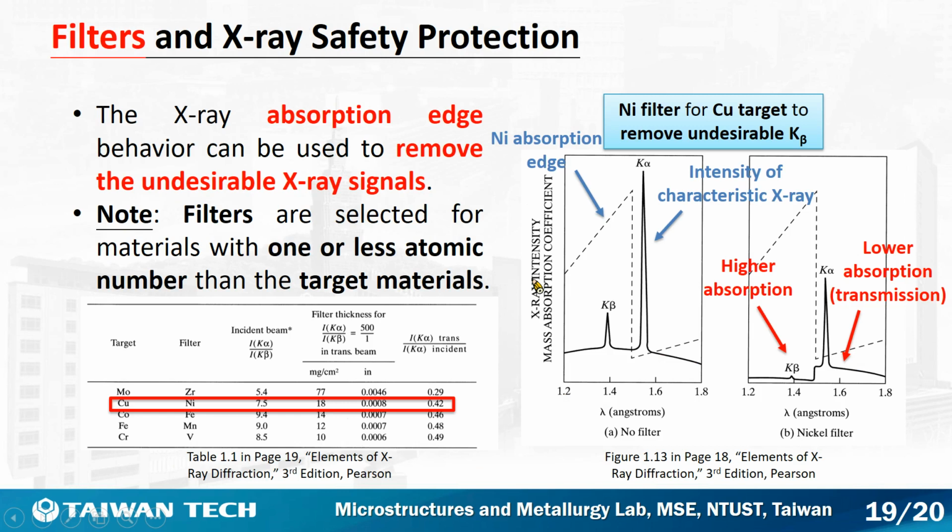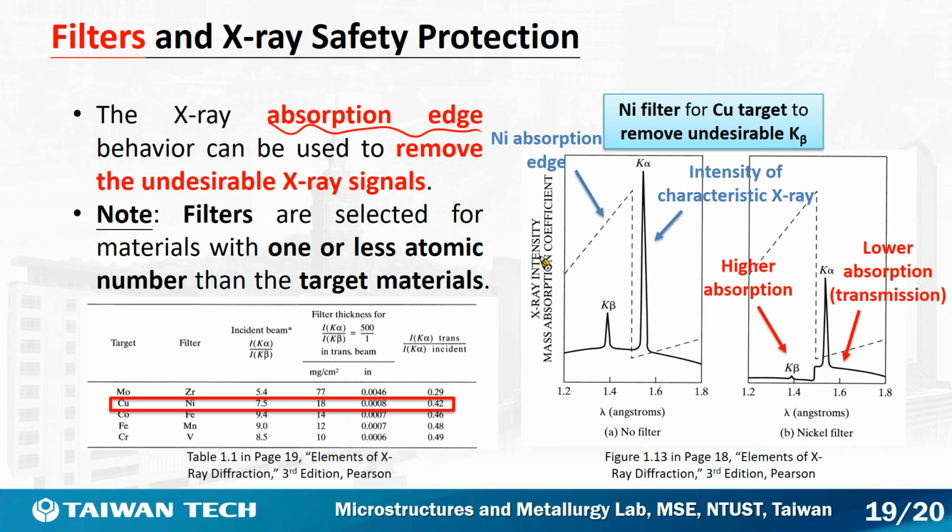And in the last two pages, let's talk about filters and X-ray safety protections. Actually, filters are based on the concept or knowledge of the absorption edge. As we know, if we have an absorption edge, we have an increase in the mass absorption coefficient.